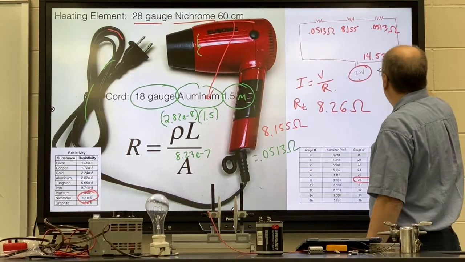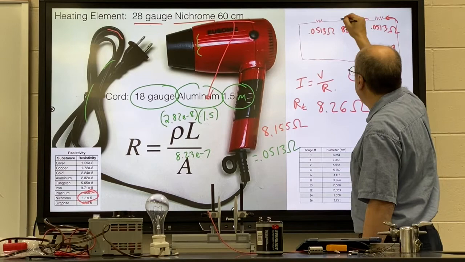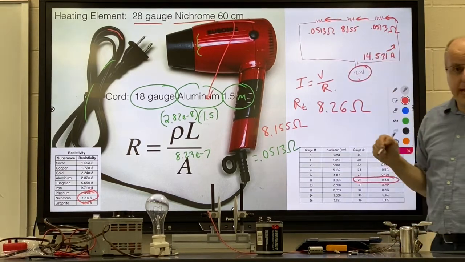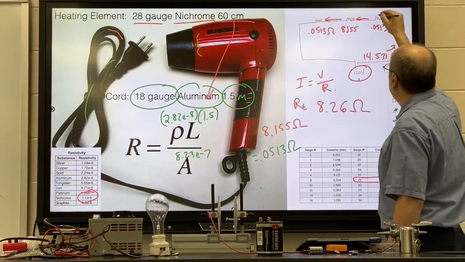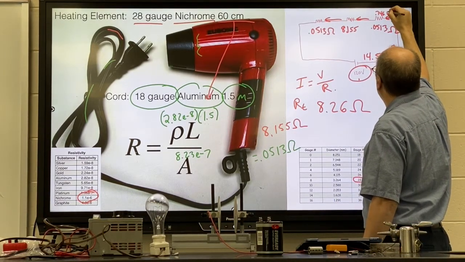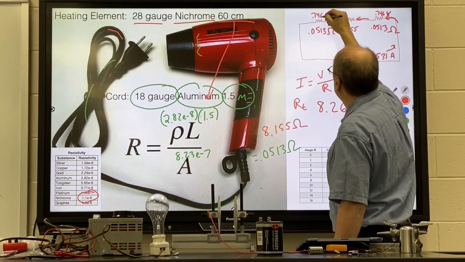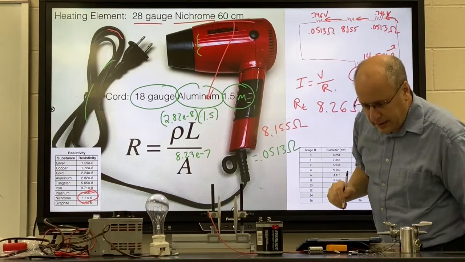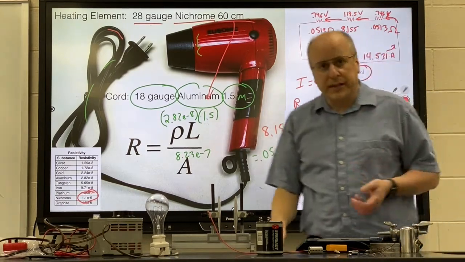That current is going to go through the aluminum cord, the heating element, and the cord again. And when you figure out the voltages, you're going to get a voltage of 0.746 volts, 0.746 volts, and about 118.5 volts. What does all this mean?